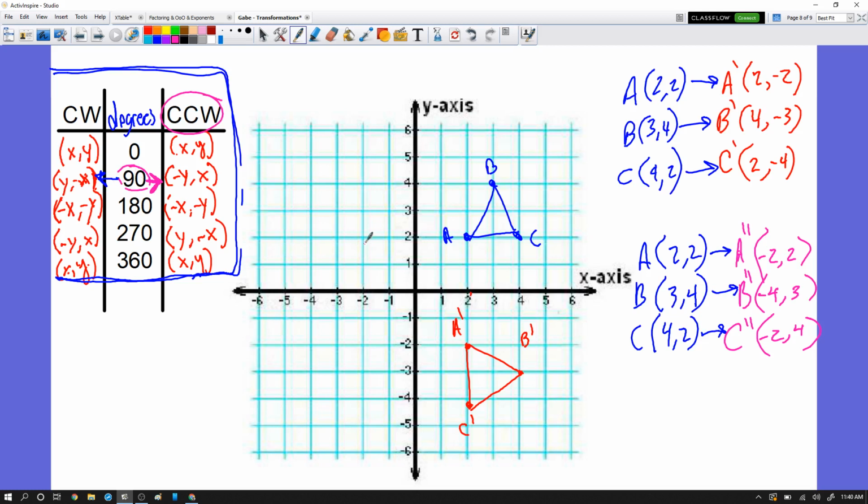So let's do 2, negative 2, 2, negative 4, 3, and negative 2, 4. You can see that it's a rotation to the left instead of going around to the right like a clock. But the whole idea is, did it turn 90 degrees?